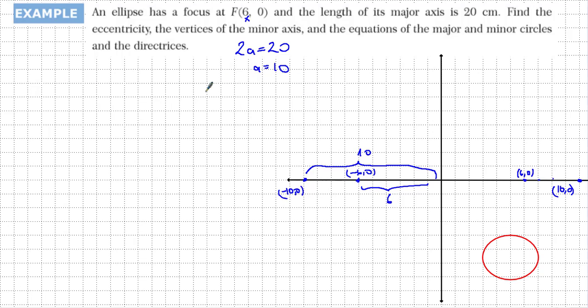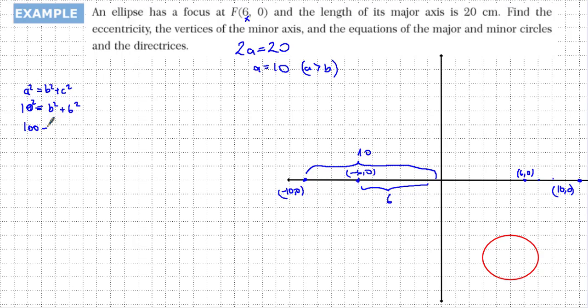Here we are going to find the other value, which is b. Since a is the major axis, a is bigger than b. So a squared is equal to b squared plus c squared. a is equal to 10 squared, b we don't know, and c squared is 6 squared.